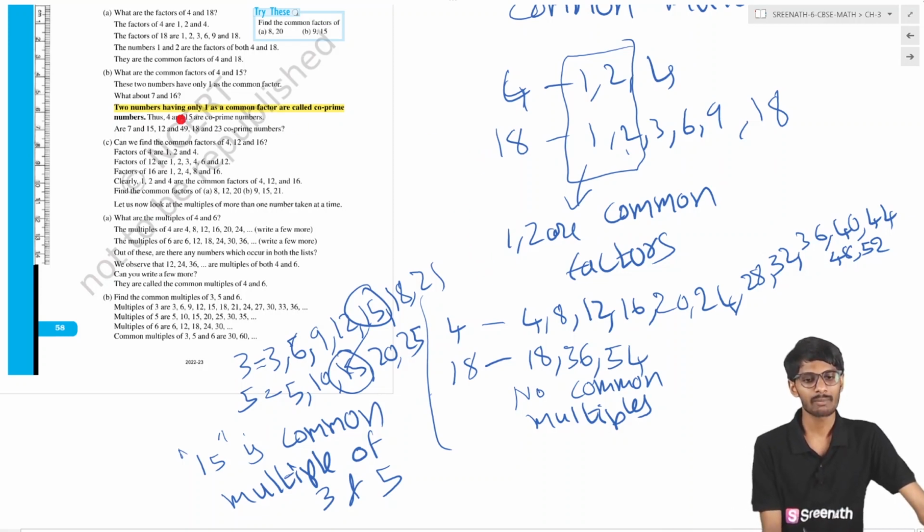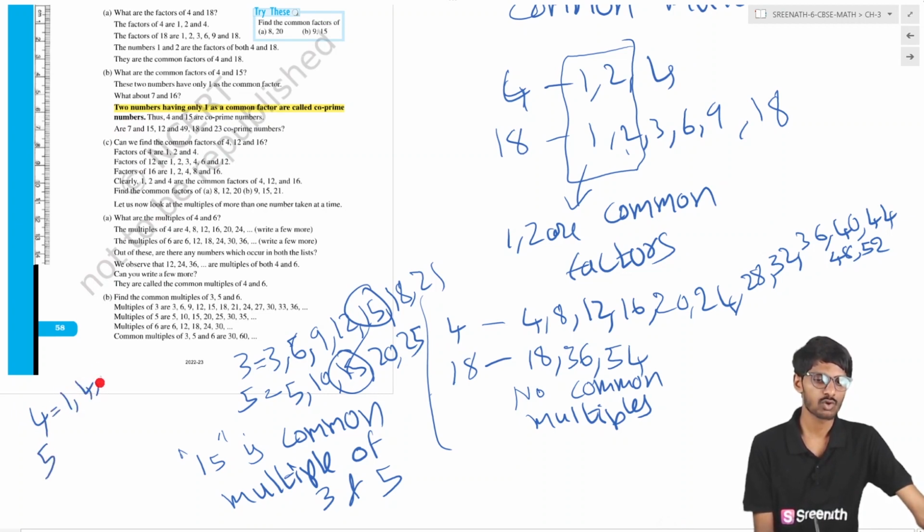Now, two numbers having only 1 as a common factor are called co-prime numbers. If you take 4, it can be written as 1, 2, 4, and 5 can be written as 1, 5.